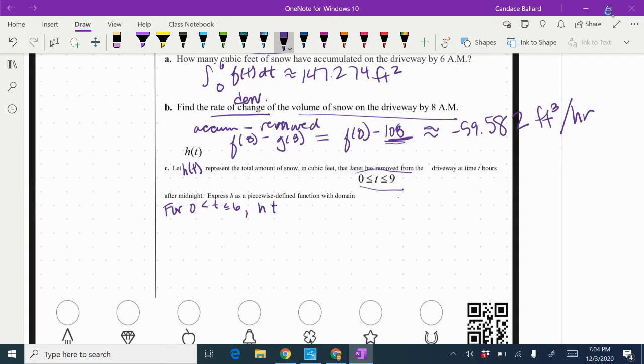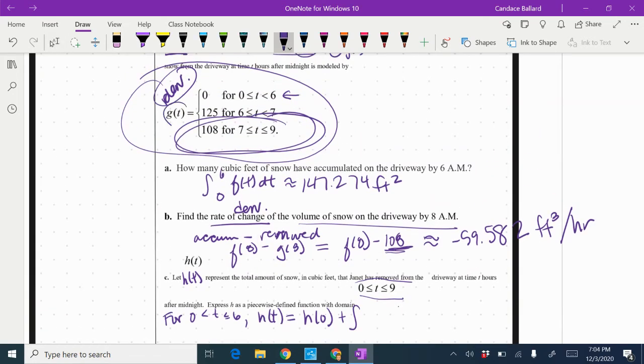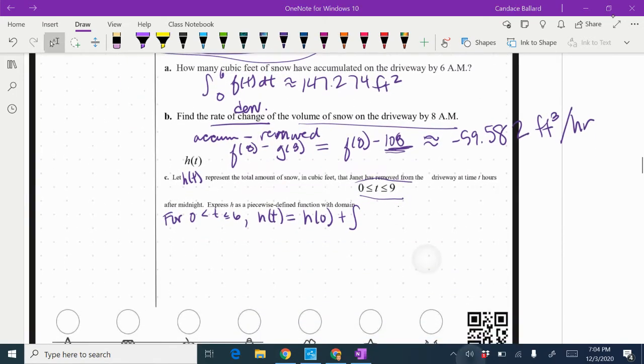For time 0 to time 6, H of T is equal to whatever's in the driveway at time 0, plus whatever we get when we integrate this G of T function. I can't use T because we're going to go from 0 to T, so we're going to put a dummy variable in there, which I'm going to use an S for no particular reason.